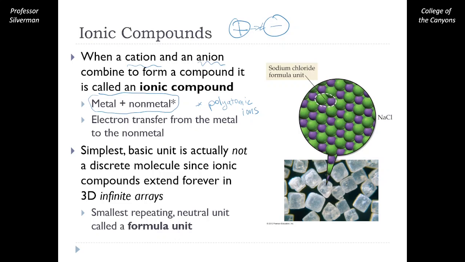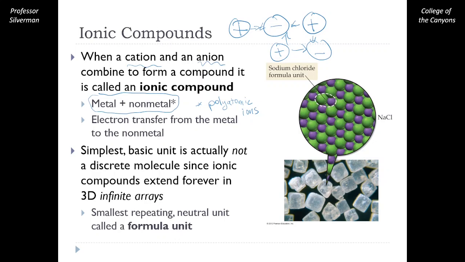In these ionic compounds, we get to have lots of positive charges and lots of negative charges. We do not have to combine into simple small molecule units. Instead, we get to form these repeating patterns where everything is attracted to everything that's around it. Our negative charges get to be surrounded by positive charges.